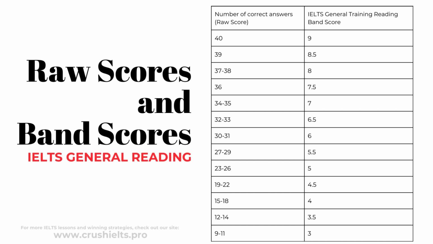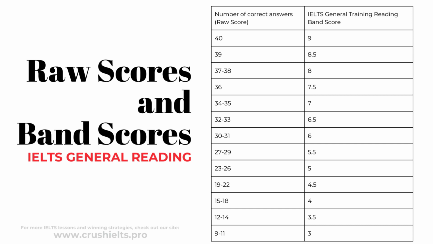Raw score basically refers to maybe 10 over 40, 20 over 40, 30 over 40. Now if you get a raw score of 9 over 40, or 10 over 40, or 11 over 40, your band score will be 3.0.